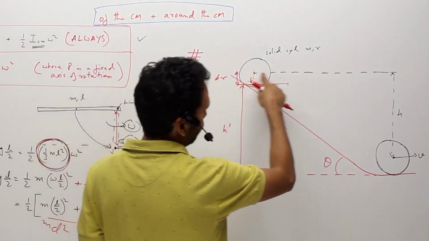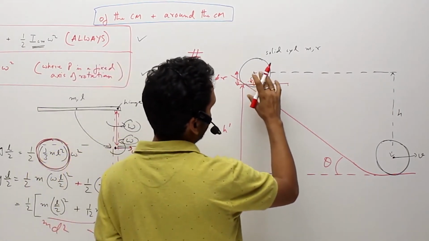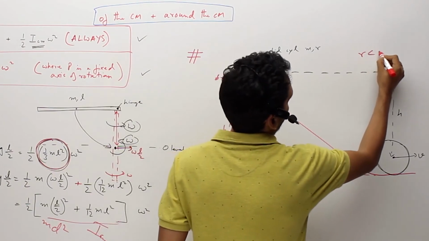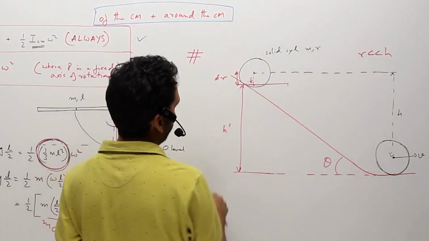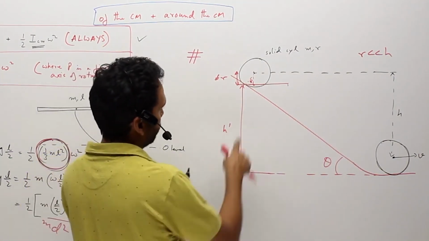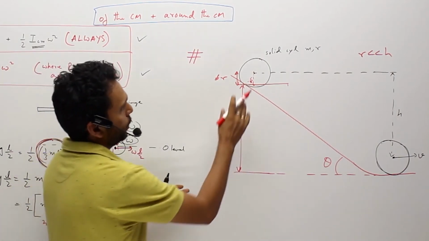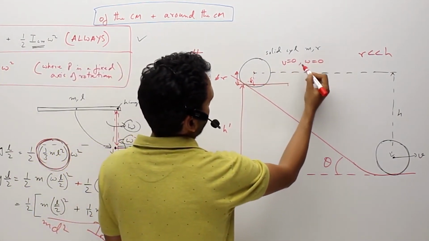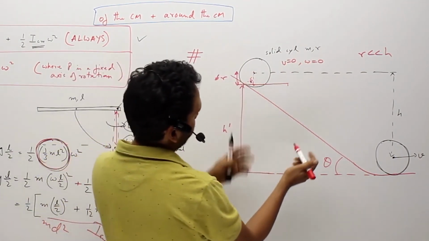So you have to be careful about the loss in height, provided your r is big enough in front of h. If r is very small in front of h, you don't have to bother. This h dash and that h will be all the same. So I'm just going to rub off all these things. What you have to find is, initially your v was 0, your omega was 0, that's your initial condition, and when it rolls down there is enough friction.